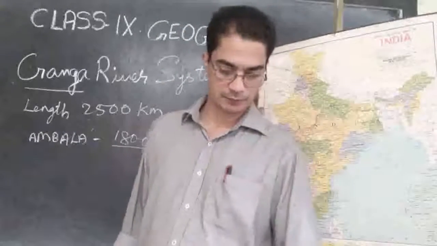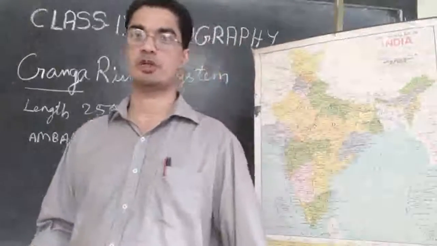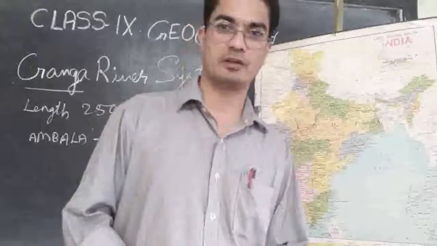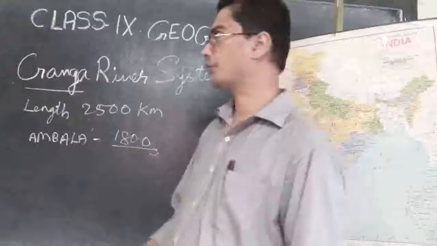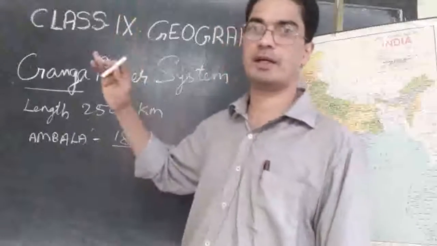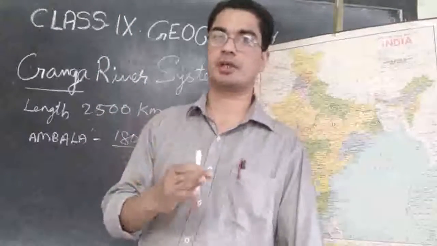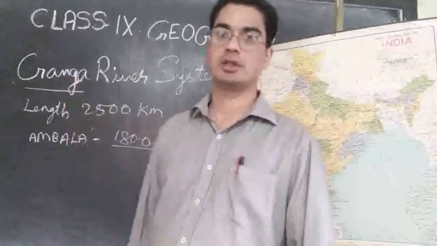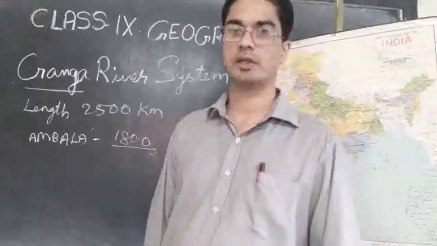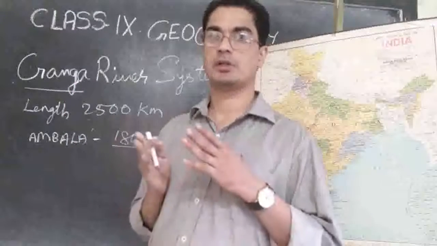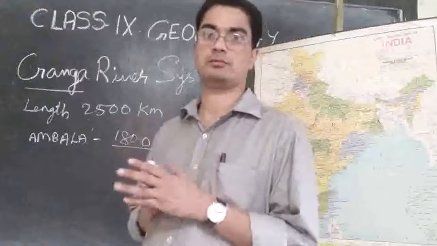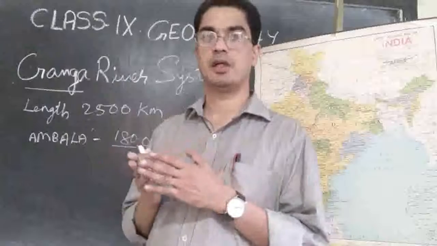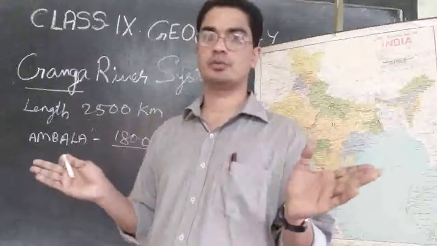So that is the knowledge that we have about river Ganga. So remember, it has got tributaries coming from the north Himalaya and also from the peninsular region. It has got rivers joining to it, and finally it will enter into West Bengal, and then it gets divided into two.